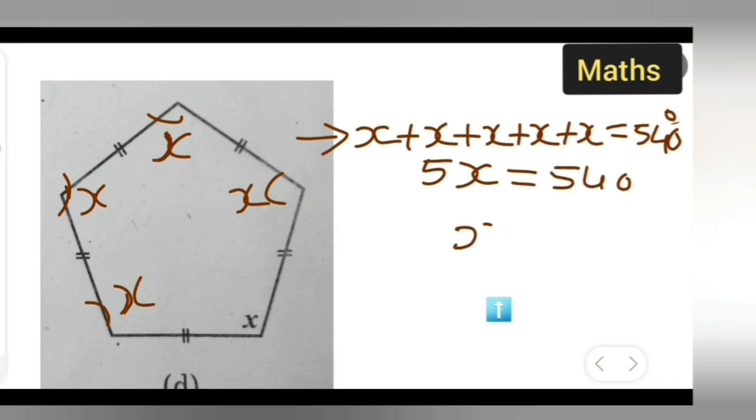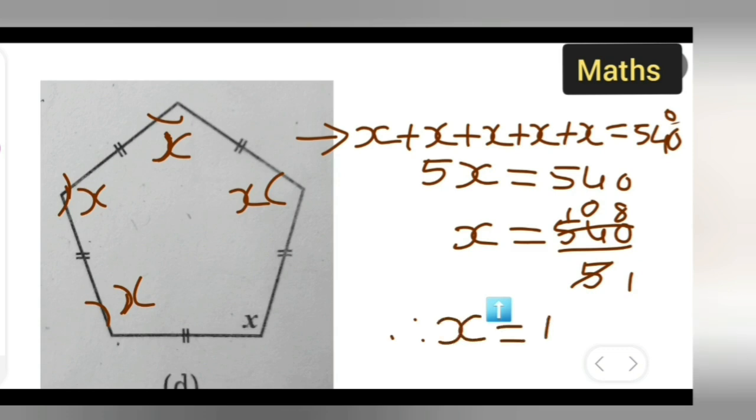So x is equal to 540 divided by 5. Then you can cancel. 5 ones are 5, then 5 ones are 5, then we bring down 0, and 5 eights are 40, so 108 will be your answer. So therefore, x is equal to 108 degrees.